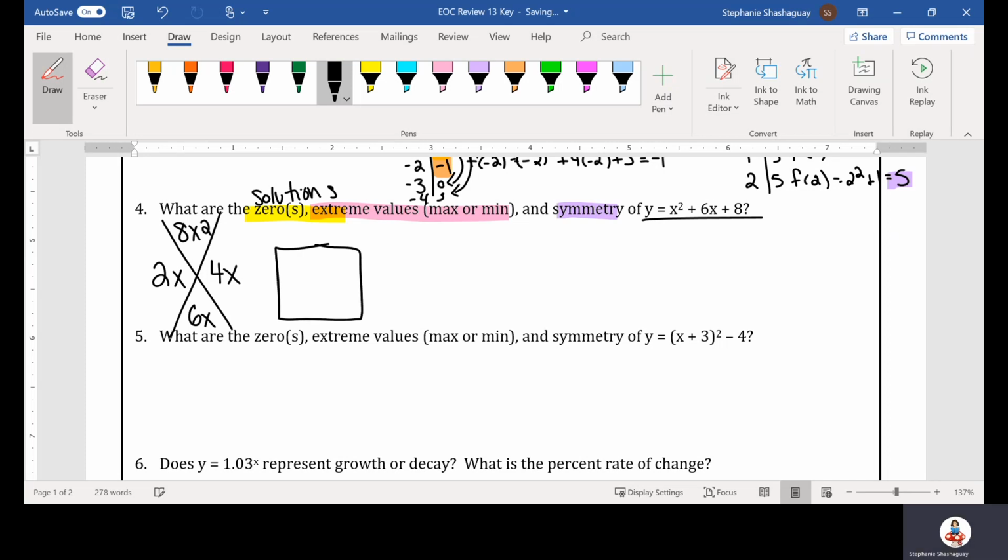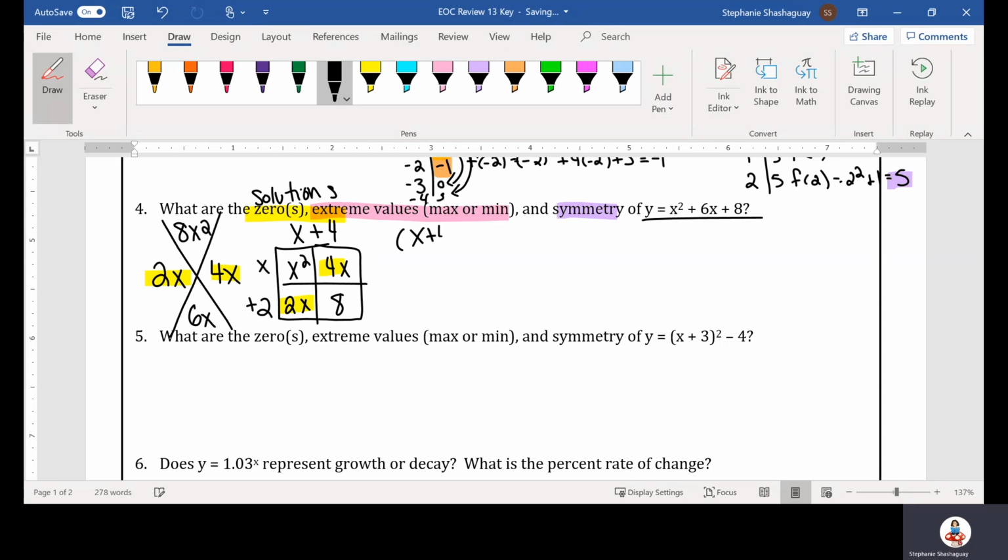Then I'm going to use my area model. Remember, my x squared goes here, my 8 goes here. 2x and 4x will just fill in the empty boxes. Now I just need to factor it out. So I'm going to have x plus 2 and x plus 4.